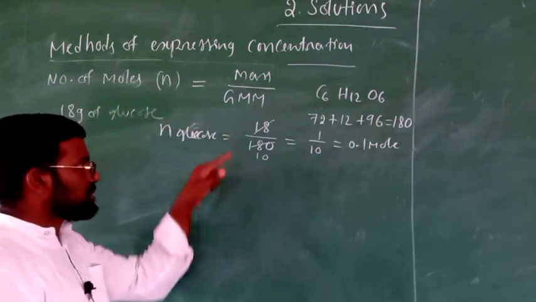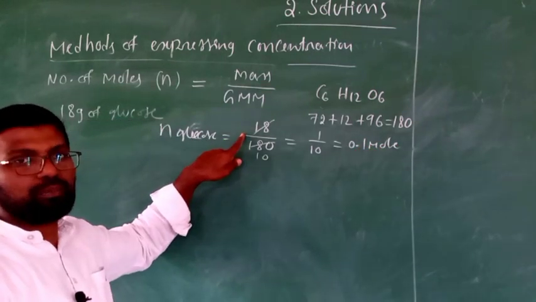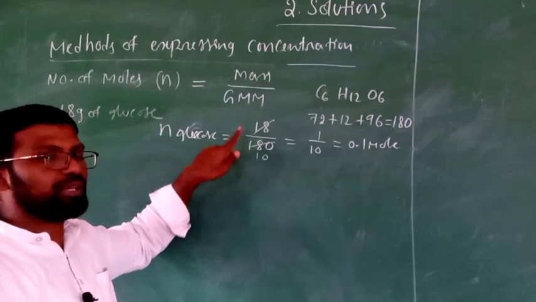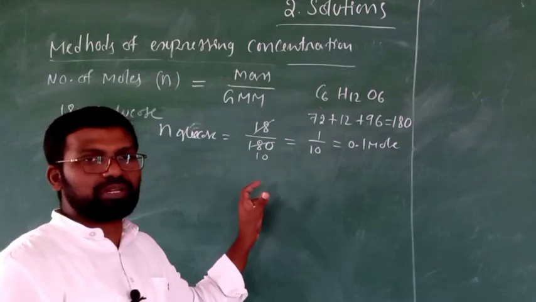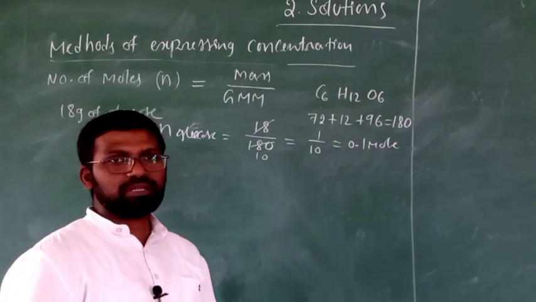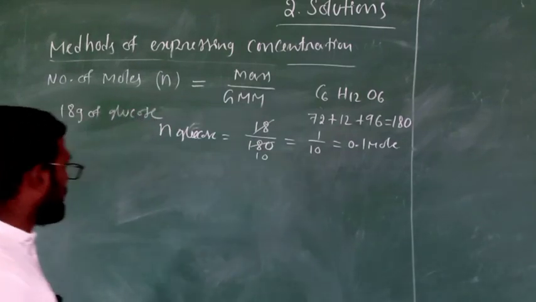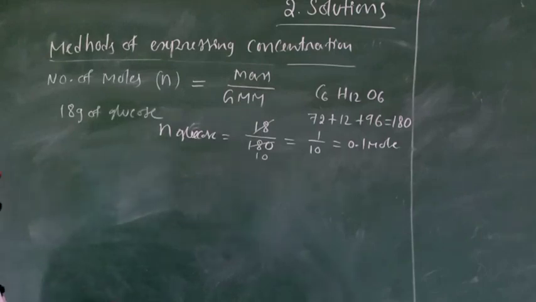So if you know the mass of any component, by knowing its gram molar mass, you can easily calculate the number of moles. This part is very, very important to solve numericals in this lesson. Right.